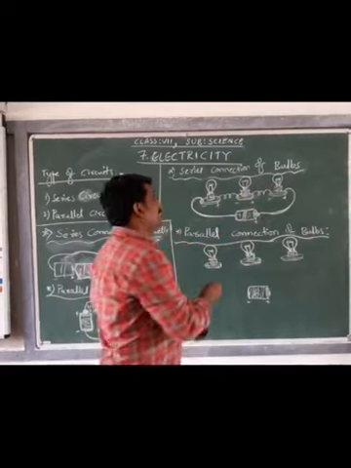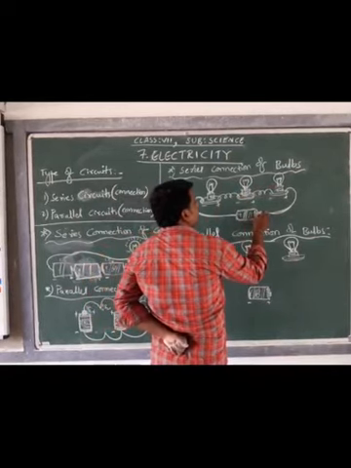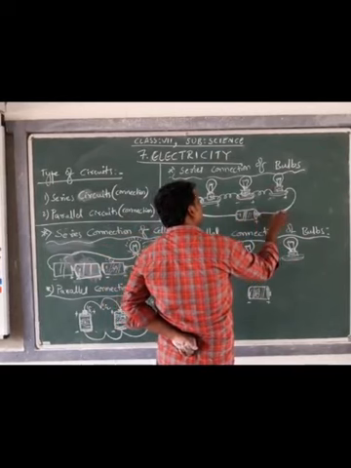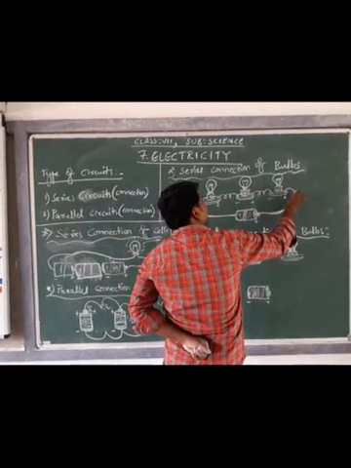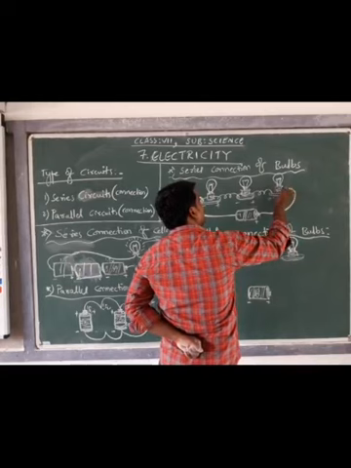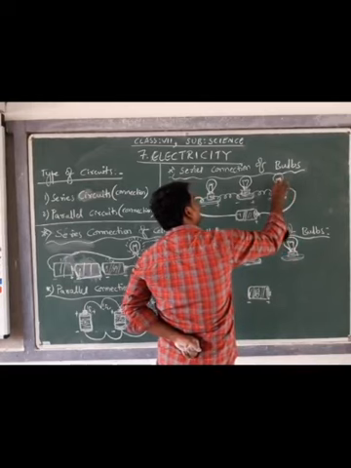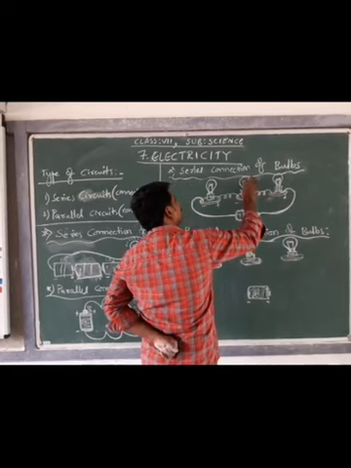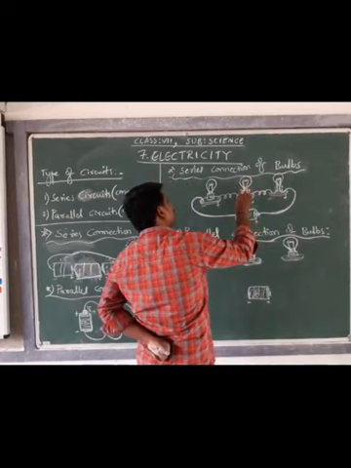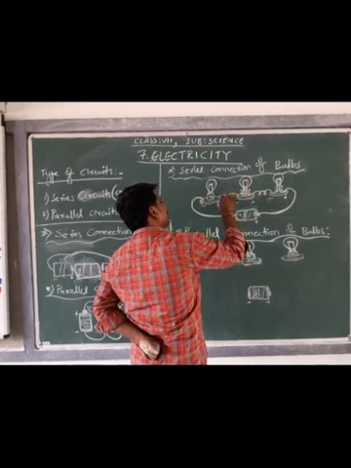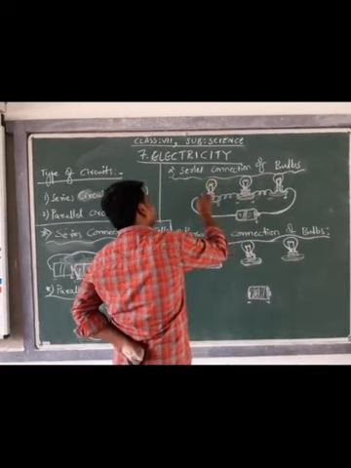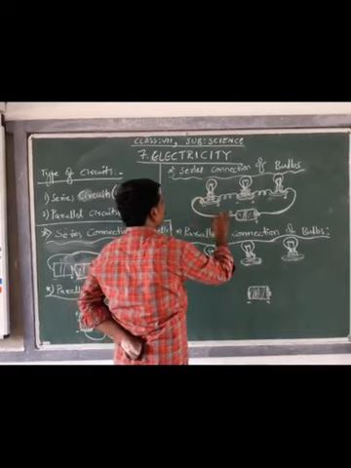What does it mean? When we connect this, the electricity will pass from the positive terminal and reach this node, then along this wire it will reach this filament, then come back and travel to this filament, and again from this wire it reaches the negative node.